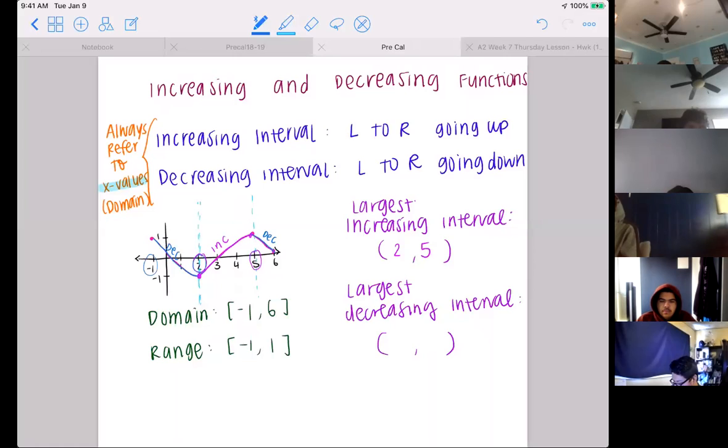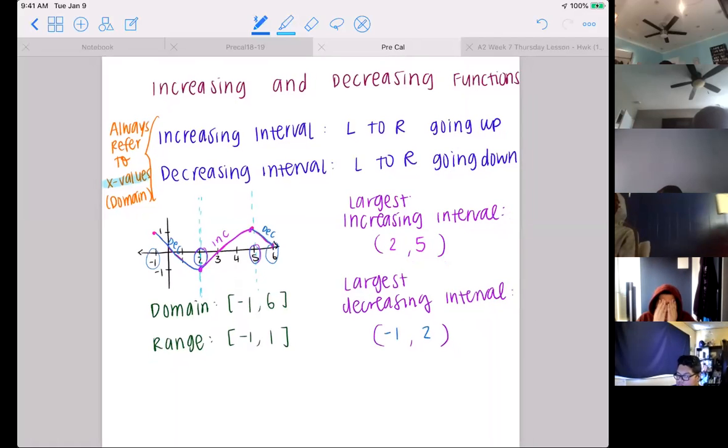The second one is from 5 to 6. So you guys can tell which one is more decreased, right? I mean, which one has more numbers in the interval, which is -1 to 2, because that's considered like 3 points. 5 to 6 is only 1 point. There's only one gap. But -1 to 2, there are 3 gaps. Okay? Does this make sense? Largest, increasing, decreasing?